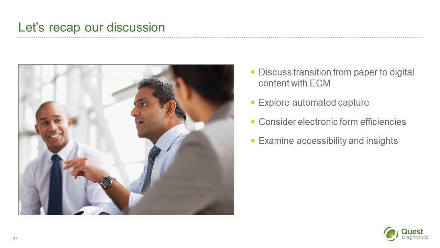So let's recap. Did we cover all the objectives? We talked about how important it is to choose a content management system that automates the process from end to end, providing that engine to consume those inbound documents, analyze and classify them, extract the data, and deliver that content and its data to its assigned resting place. That could be your content repository, your electronic health record, your line of business system, or a workflow or business process.